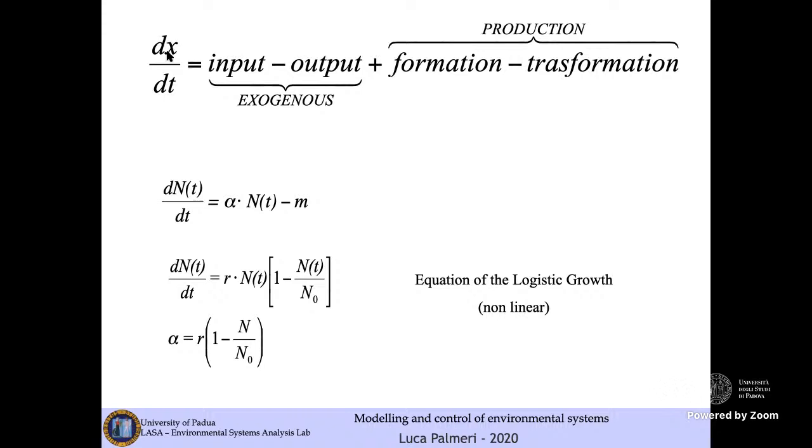I recall that we started this reasoning by thinking of a chemostat with a bacterial colony growing. This variation in time of the number of elements in my chemostat is equal to what goes in minus what goes out, plus what is formed minus what is transformed into something else.